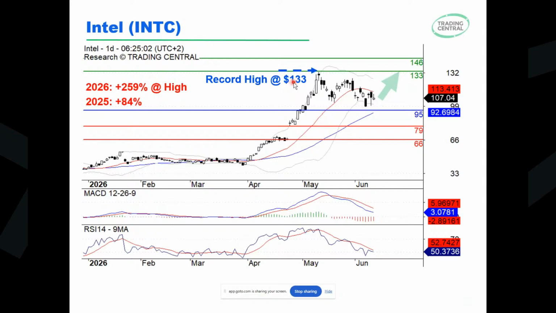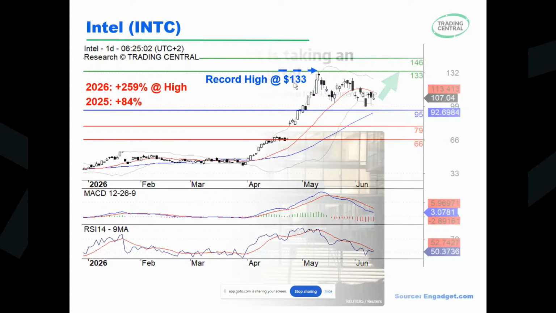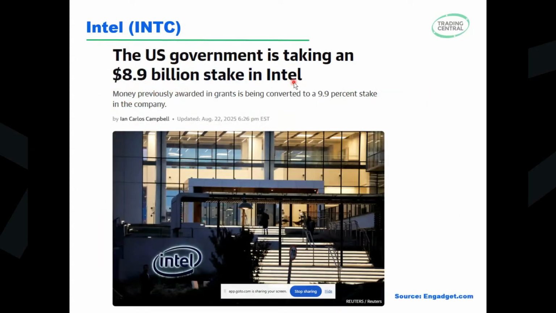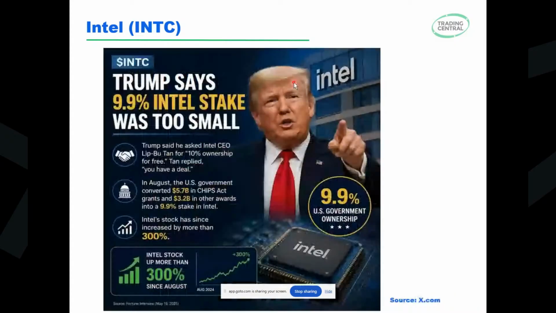All right, and very interesting. Apart from the made in USA story, there is another story: the US government has taken a 10% stake in Intel. Okay, whenever our good old friend President Donald Trump has touched a stock or recommended a stock, you have to pay attention. All right, including Intel.